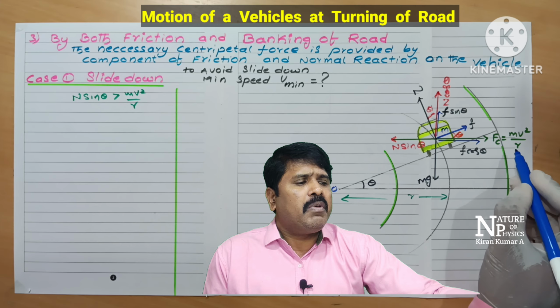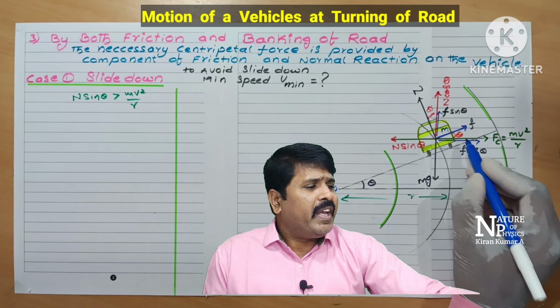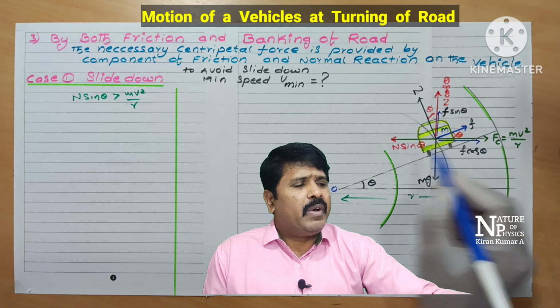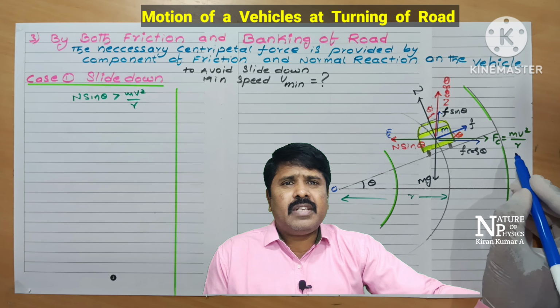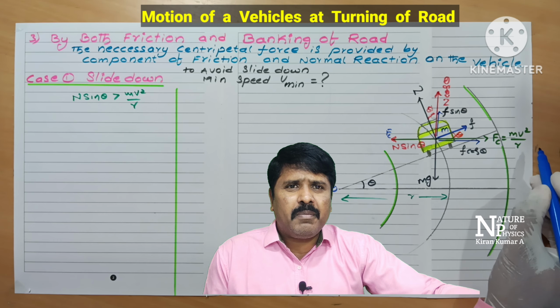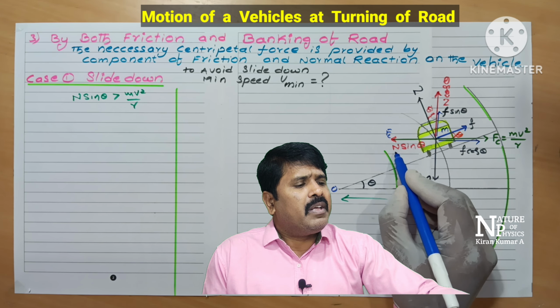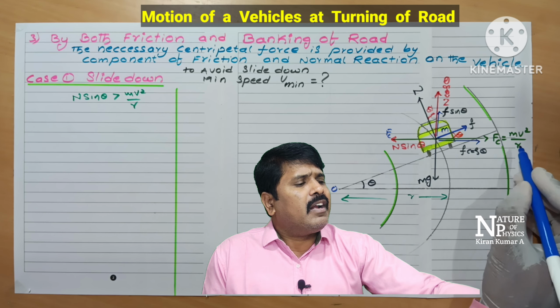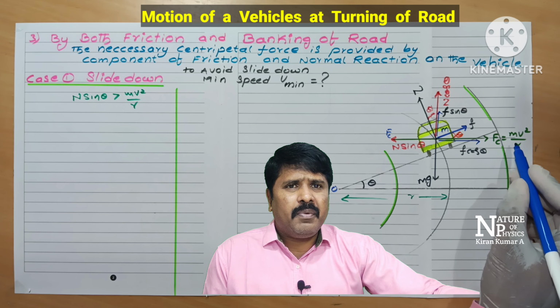Now I am going to write the balancing equation. On the circular road, two forces are acting on the vehicle. One is the centripetal force acting toward the center, and another is the centrifugal force acting away from the center. According to the diagram, we can notice N sin theta is greater than the centripetal or centrifugal force.